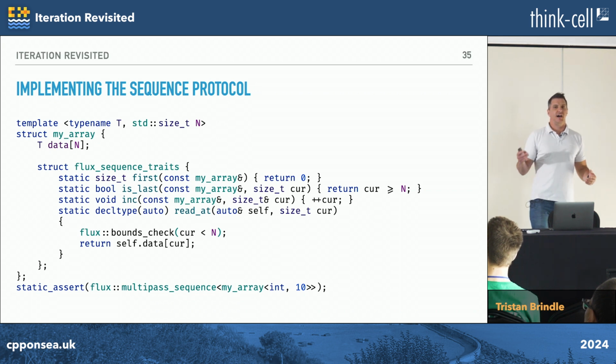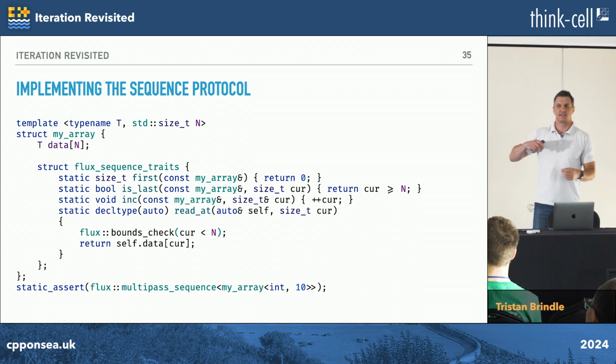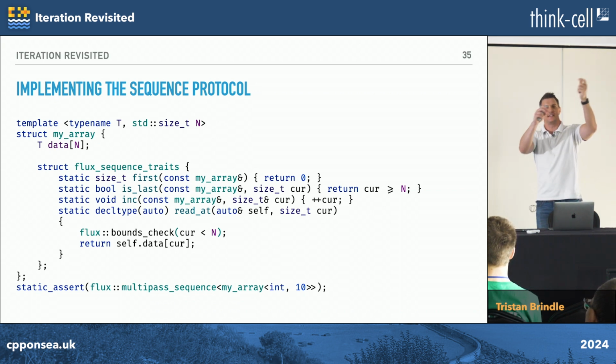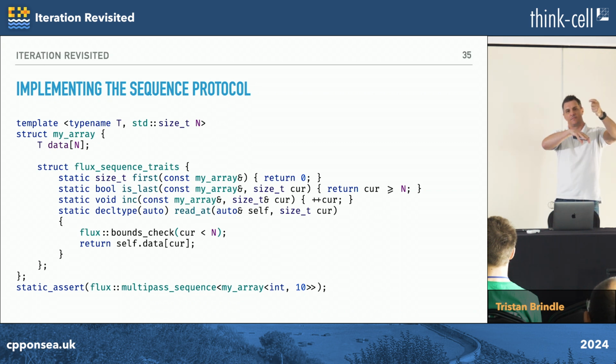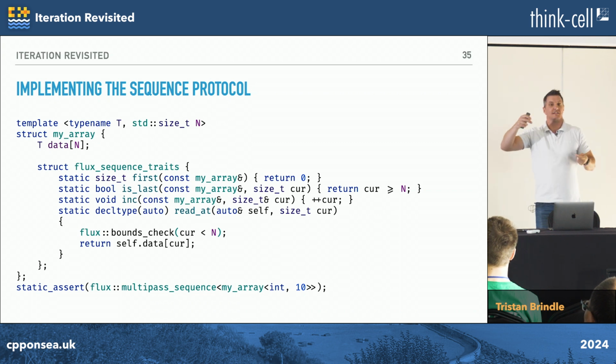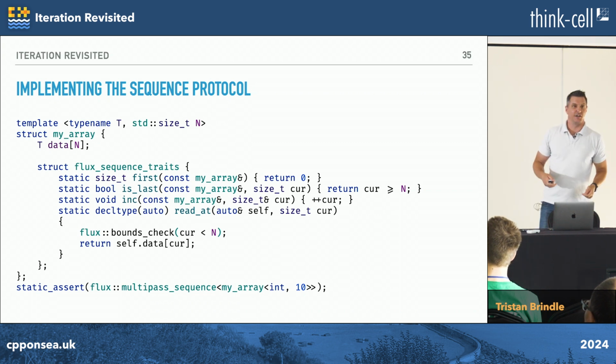This makes things a bit neater because you don't have to escape from your namespace and then do the Flux specialization in a separate namespace. You can just do this in class. This is actually pretty neat. But if you're not the owner of myArray, you can still do it the first way we saw as well.